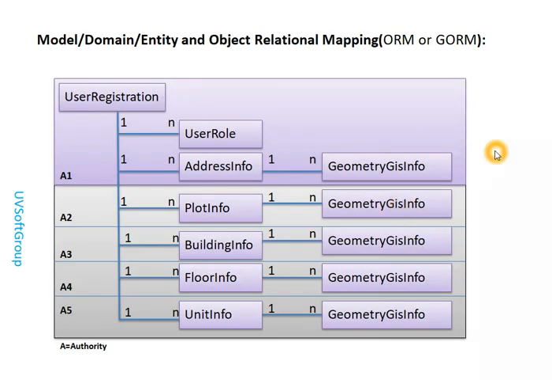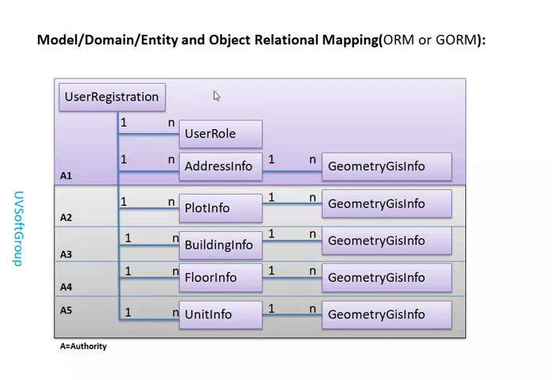So here is our model or domain, with entity object relational mappings in GORM, or if you are working with Groovy and Grails, then it is GORM, Grails object relational mapping. You see the application has user registration with multiple roles, and the user has multiple addresses, and the address is located in multiple geographical locations.